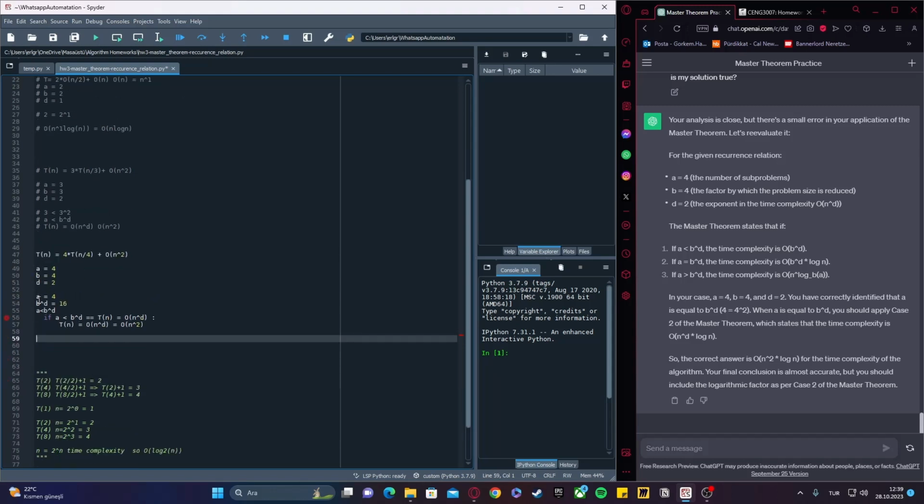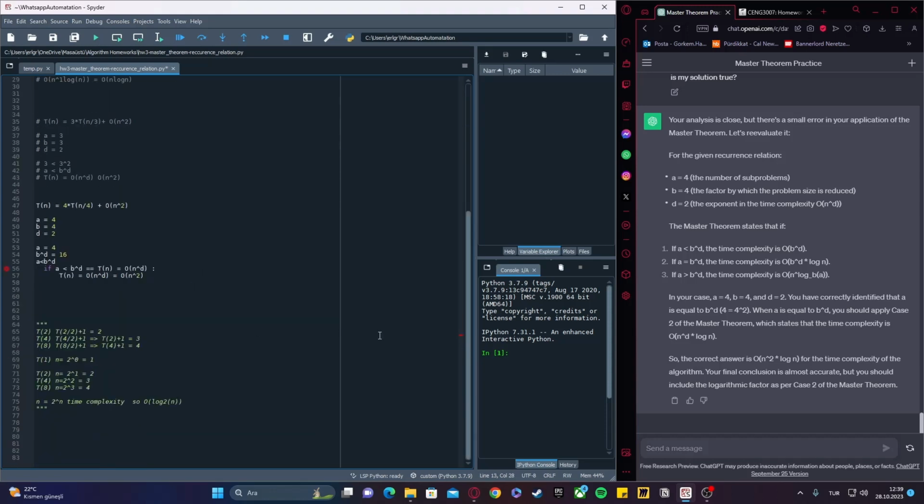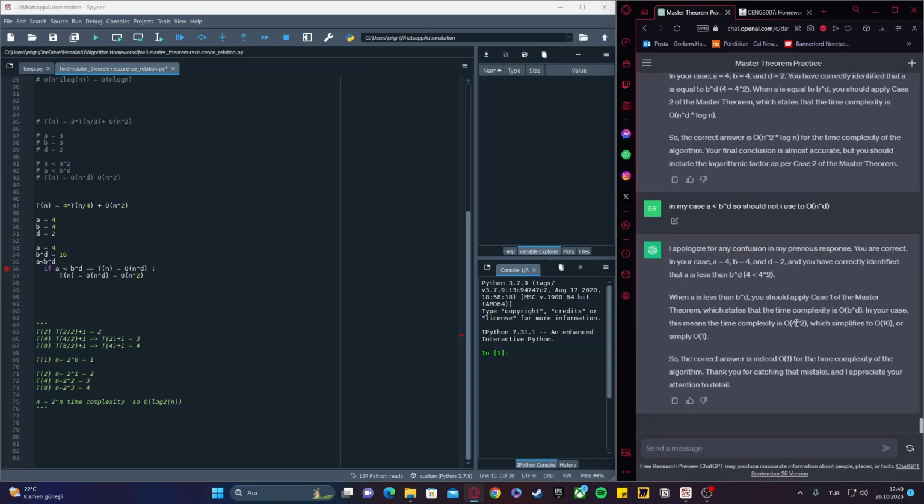a is less than b to the power d, and when a is less than b to the power d, I have to use n to the power d. In my case, a is less than b to the power d, so shouldn't I use O(n^d)? Okay, ChatGPT says: I apologize for any confusion in my previous response. You're correct.